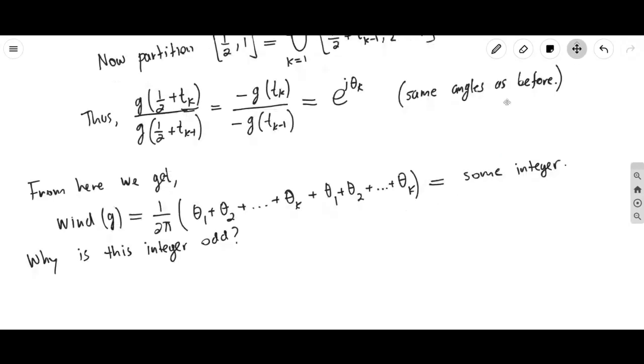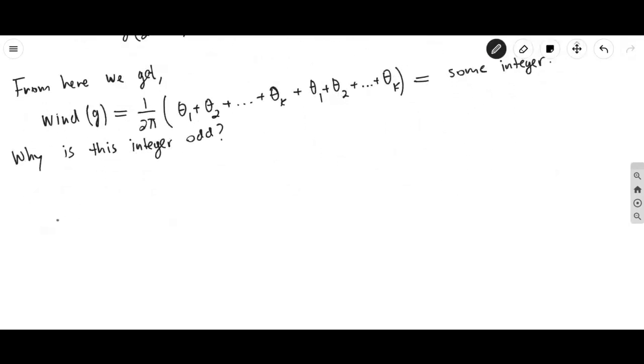So here's what it has to do with. Observe that g of 0 is the same thing as, sorry about that, it's negative g of a half would be negative g of 0.